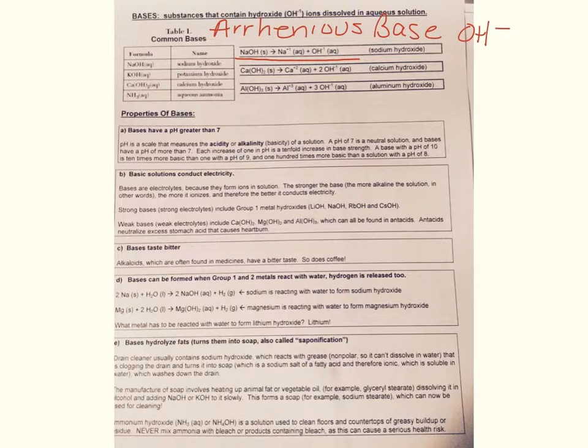Each increase, again, of 1 pH is a 10-fold increase in base strength. So a base with a pH of 10 is 10 times more basic than one with a pH of 9.